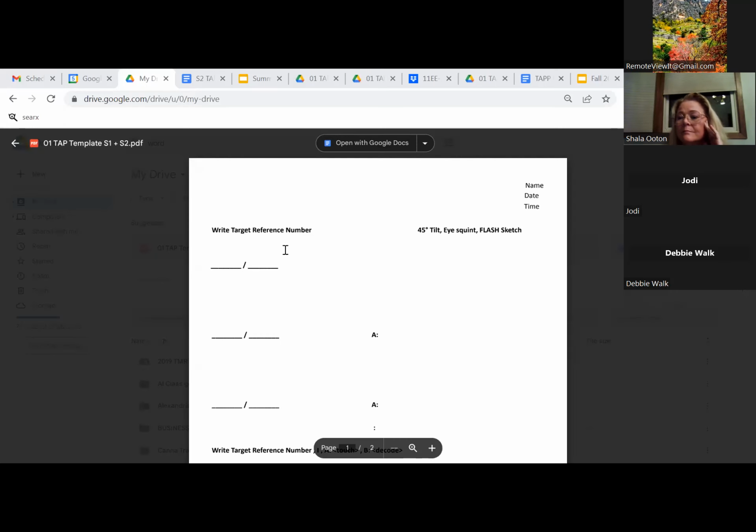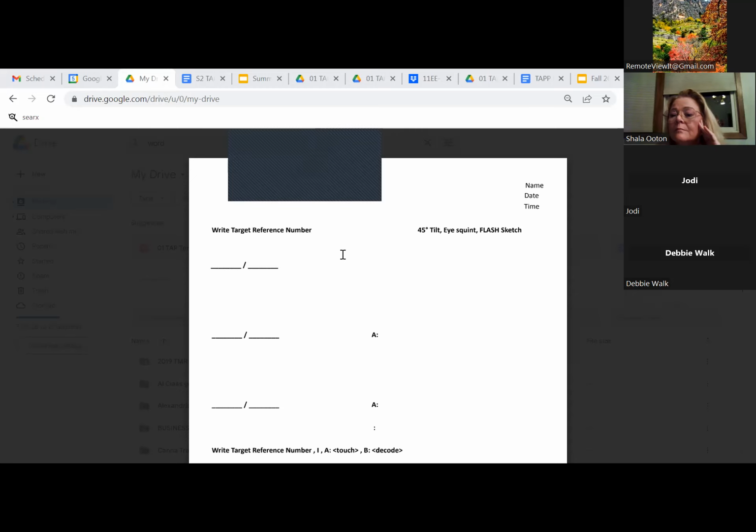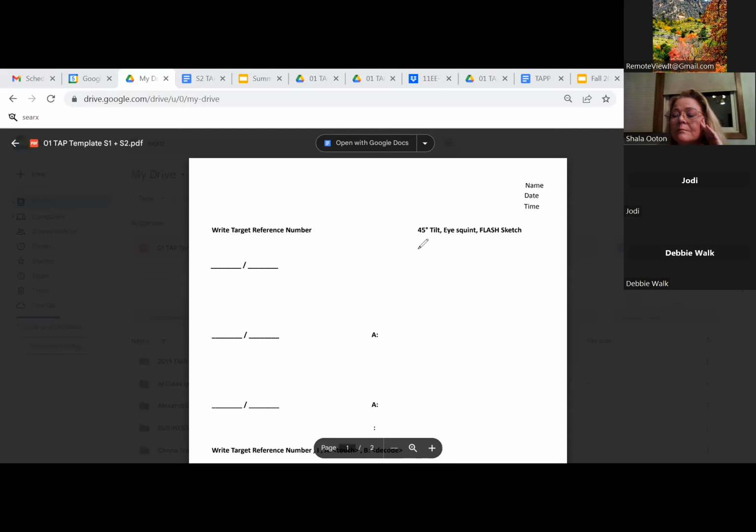For this page, it doesn't take you that long, about 2 minutes, but a professional remote viewer would do a quick flash sketch over here for 15 seconds, and then just one target reference number, one A and one B, and then move on to the next. I want you guys to get better at doing your A and B. It's important to have a good foundation of doing the target, but this page will take you 2 minutes.